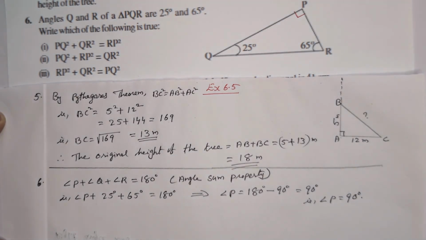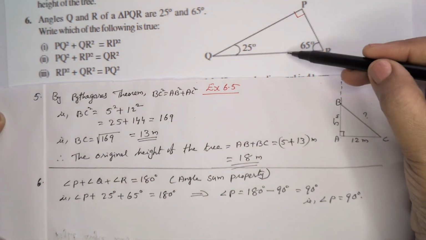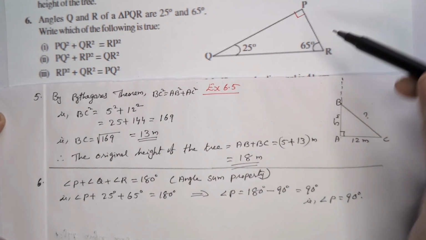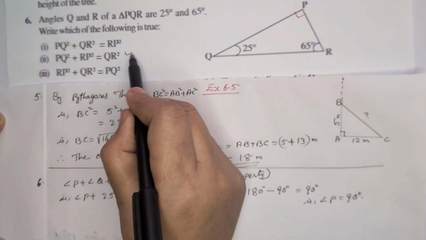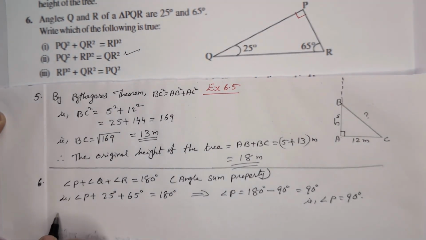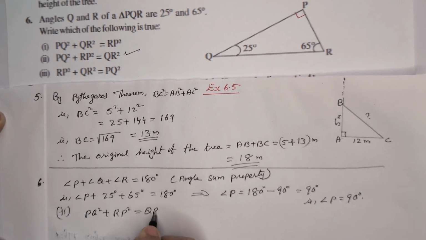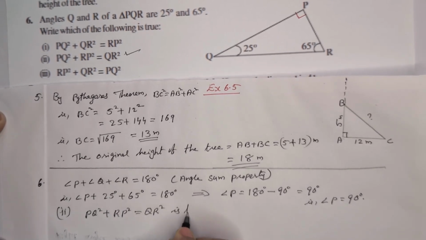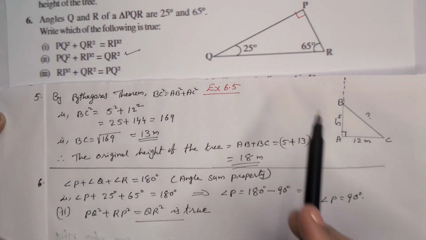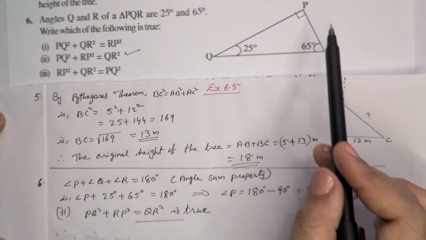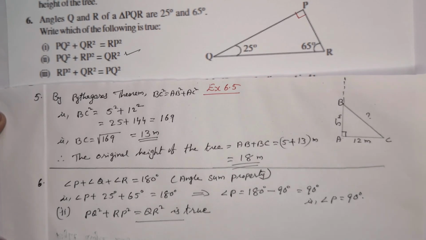So its opposite side, 90 degree angle, its opposite side, that will be the hypotenuse. That means QR. So second option, that is correct. So we can write 2, second one. That means PQ square plus RP square is equal to QR square is true. Hypotenuse square is equal to sum of the squares of the other two sides.